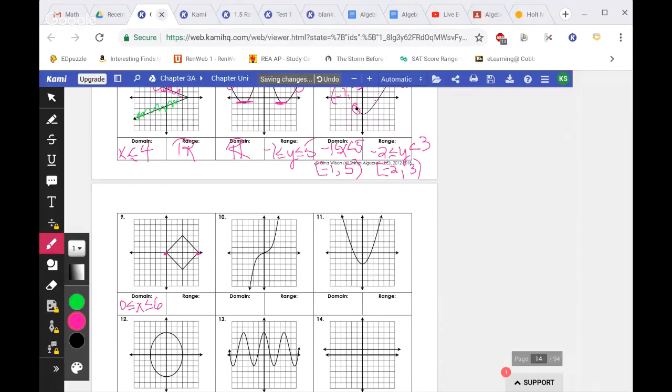And for the range, that's our up and down. We have a starting point at -3 and a top point at +3. So our range would be -3 is less than or equal to y, which is less than or equal to 3.